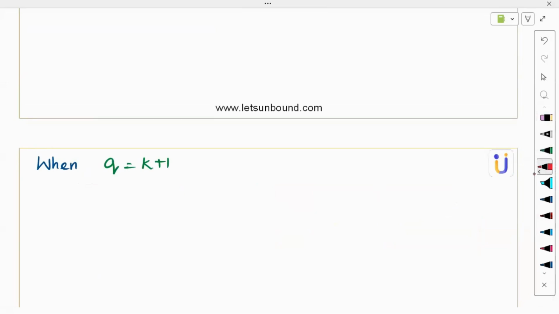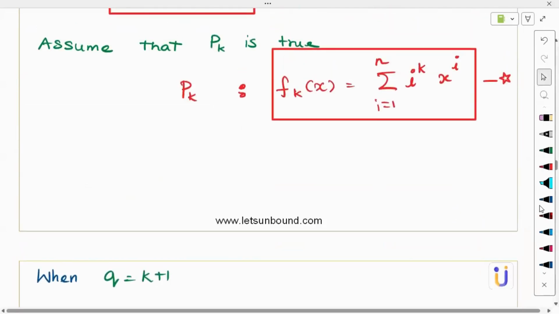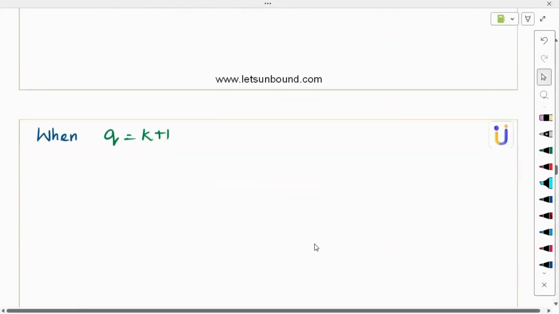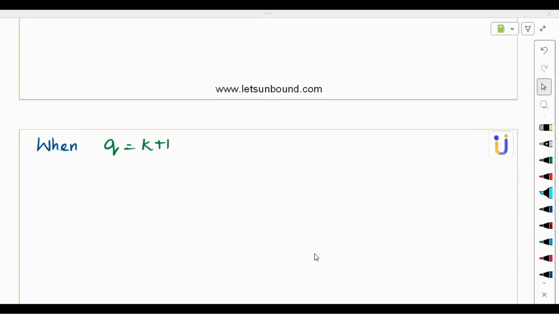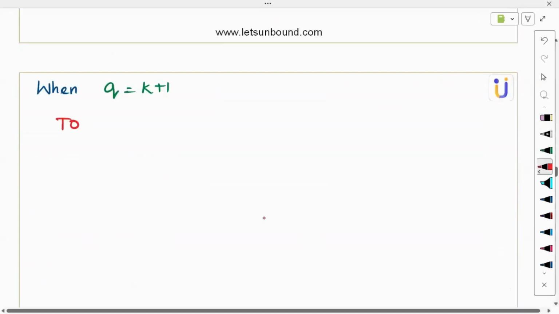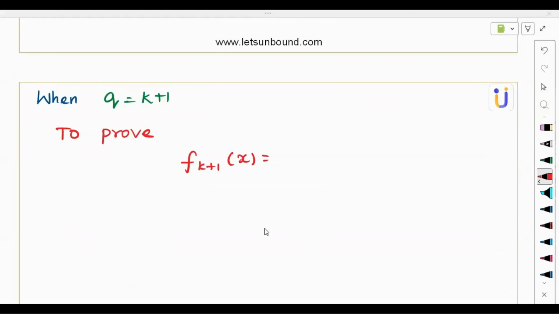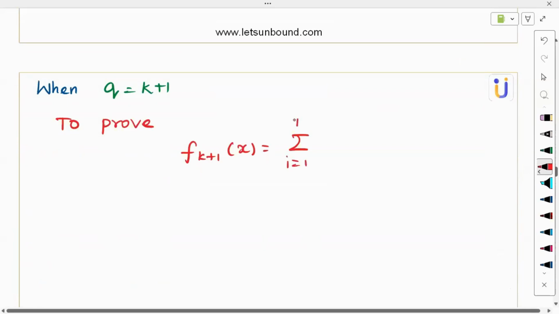We can use the previous assumption. So when q is equal to k plus 1, what do we need to prove? To prove fk plus 1 of x is equal to sigma i equals 1 to n, i power k plus 1 into x power i. So let's go.